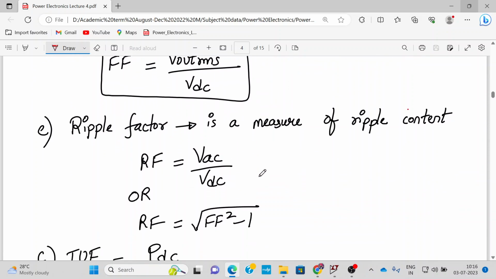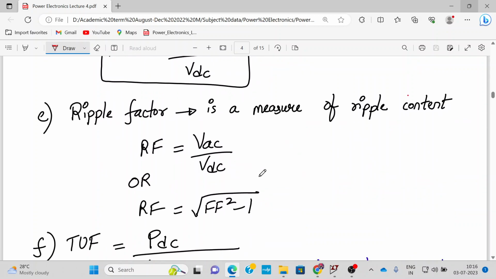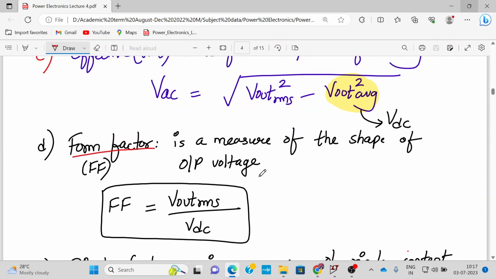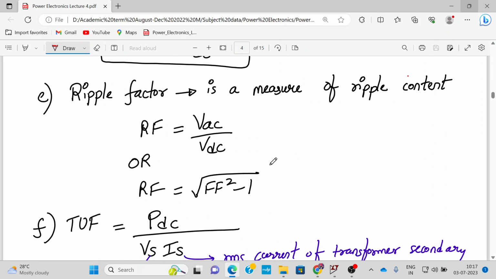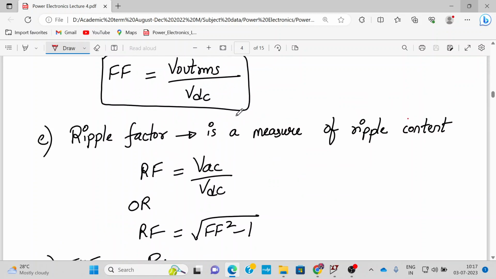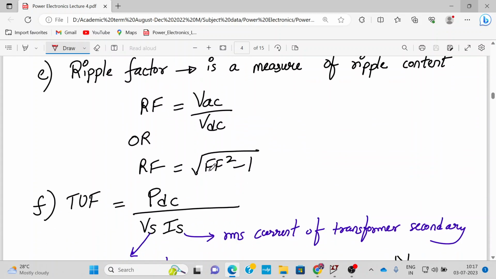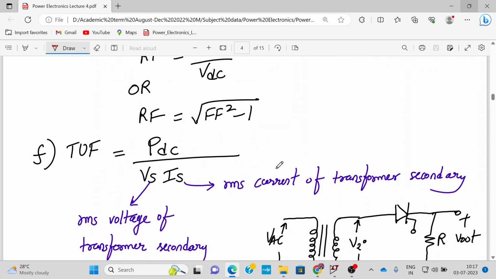Now the ripple factor is the measure of the ripple content in the output. Ripple factor is given by VAC upon VDC, where VAC is given by this formula and we already know the formula for VDC. But most of the time, we calculate it in terms of form factor. Once we get the form factor, the ripple factor will be the square root of form factor squared minus 1.